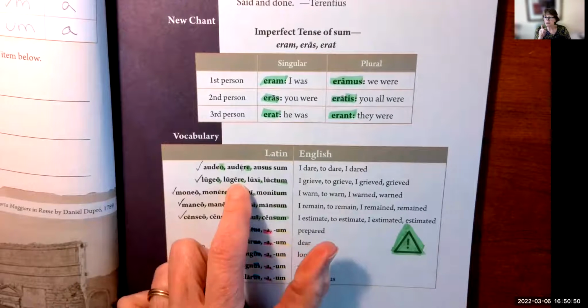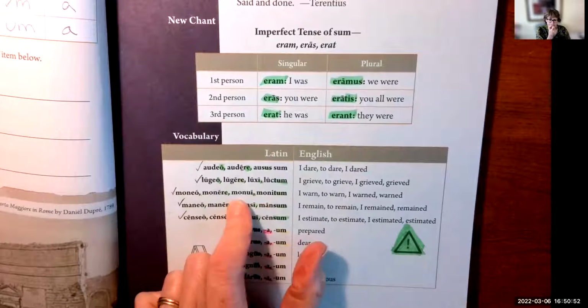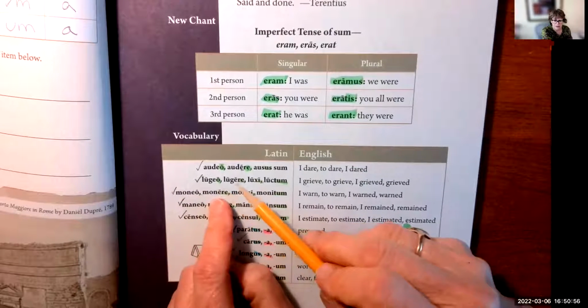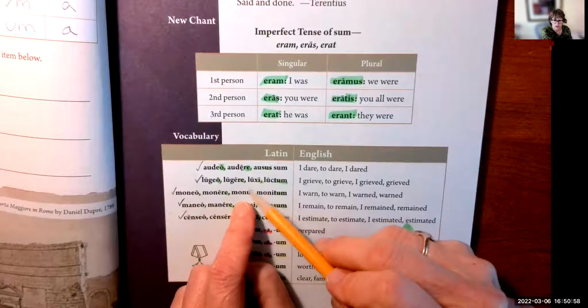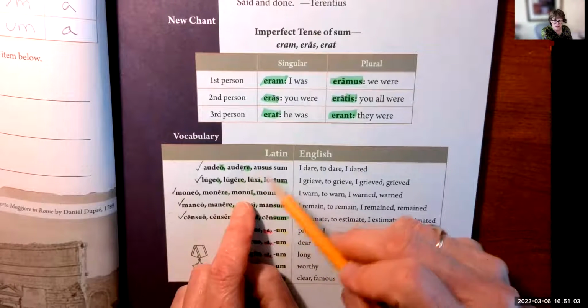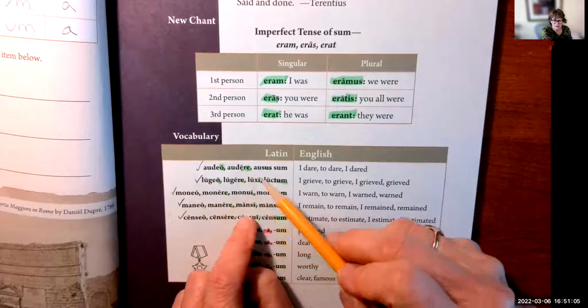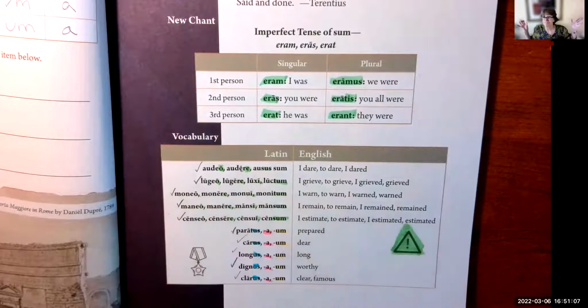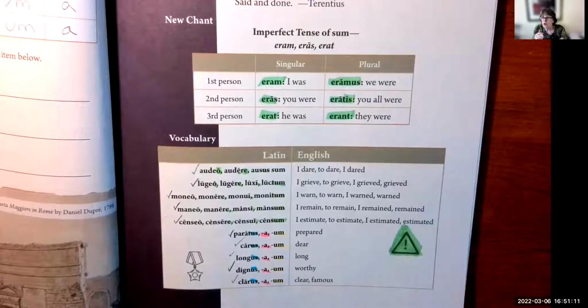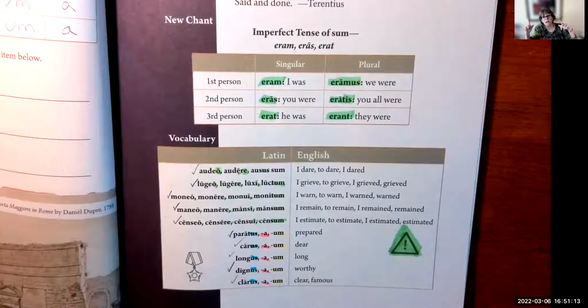If you're trying to figure out a pattern, I see ERE, but whoa, L-U-X-I. A-U-S-U-M. I'm not seeing a pattern. Exactly. There isn't one. That's why they have them all written out. They want you to memorize them.